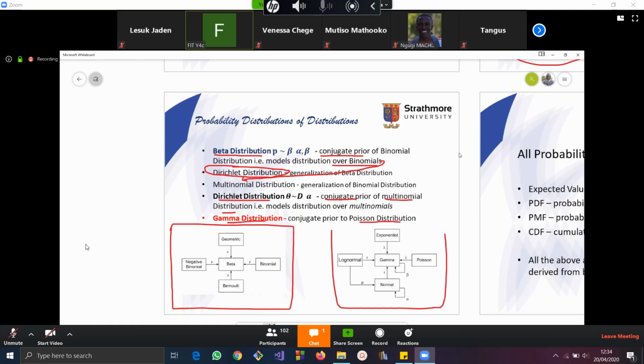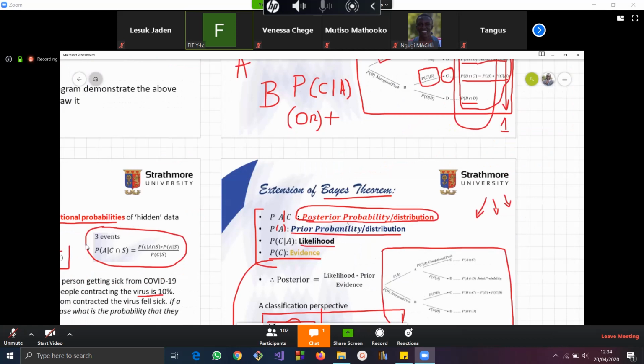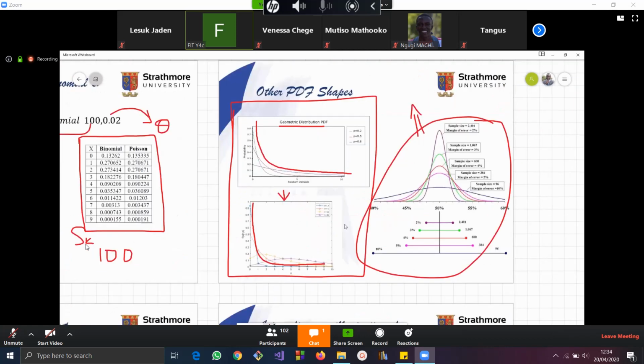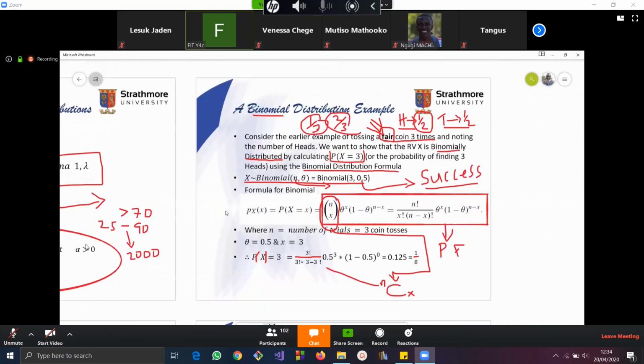One of the things you can do with a distribution of a distribution is found in the question that I was asked a moment ago. So I go all the way back here. Let's say we want to model, we know that heads and tails are binomially distributed.